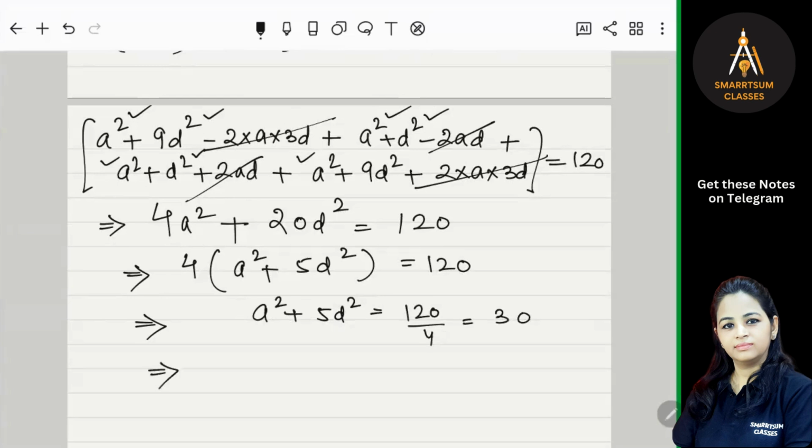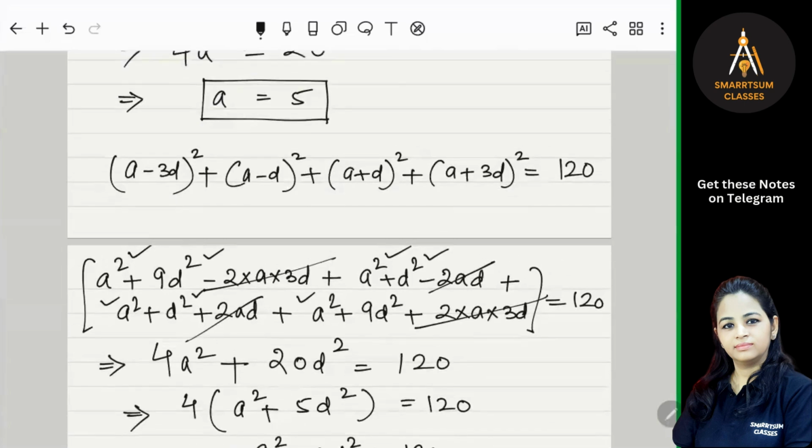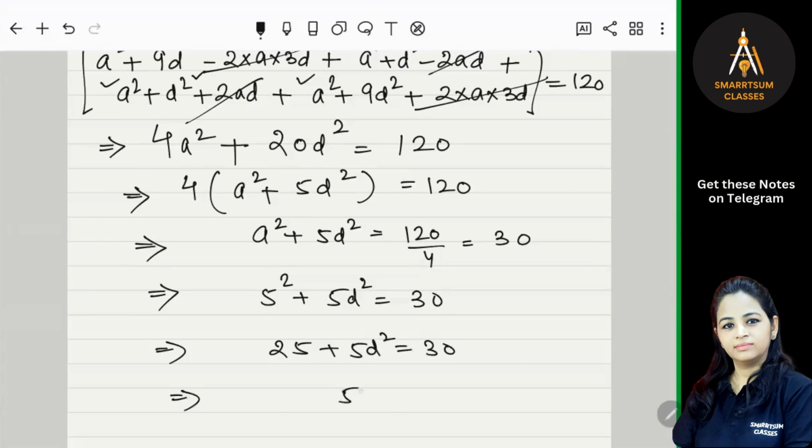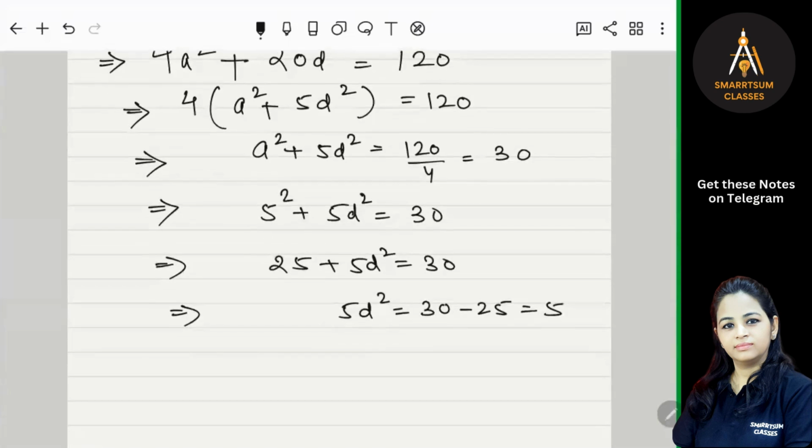Now, what is the value of a? We have already found it out here, that is 5. Now put the value. This is 5 square plus 5d square is equal to 30. 5 square is 25 plus 5d square is equal to 30. So 5d square is 30 minus 25, which is 5.